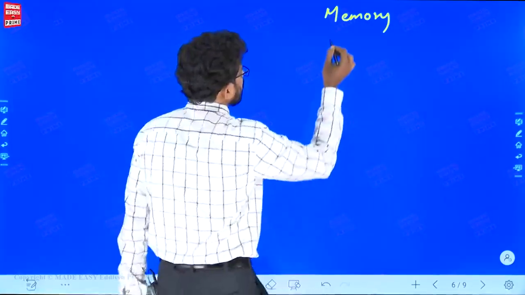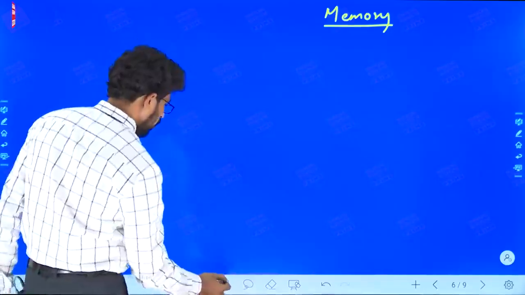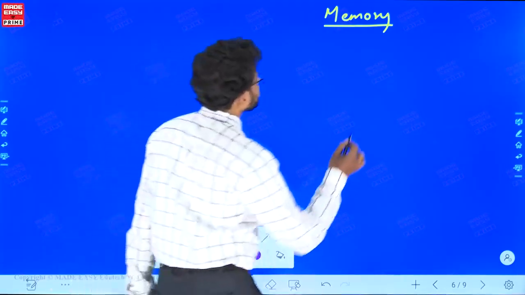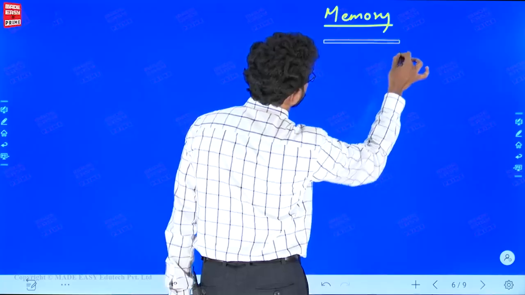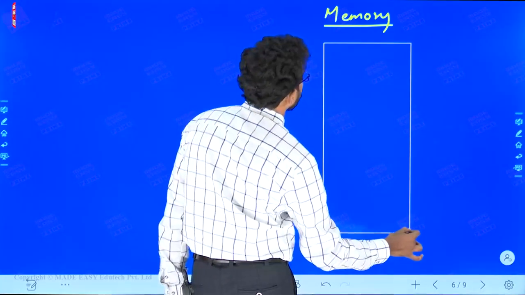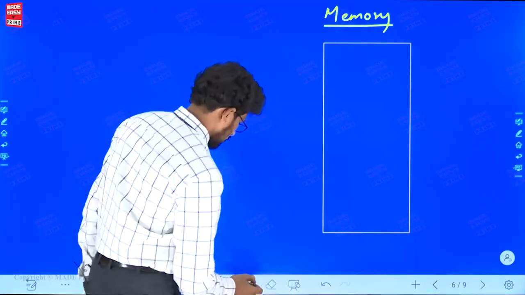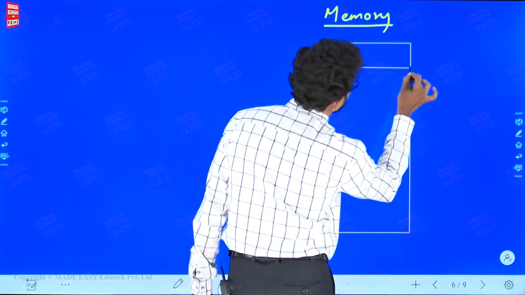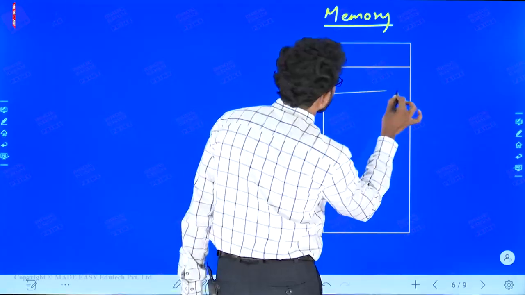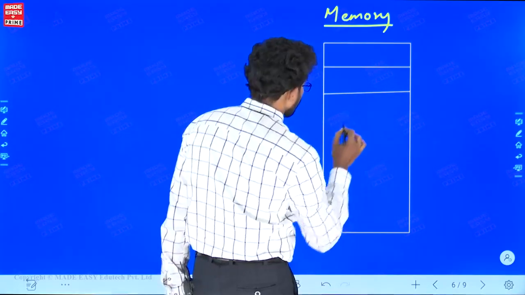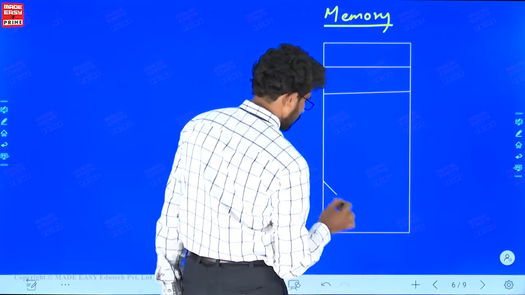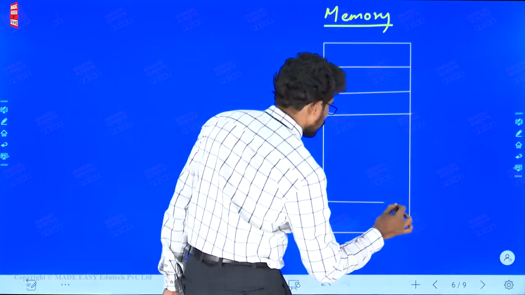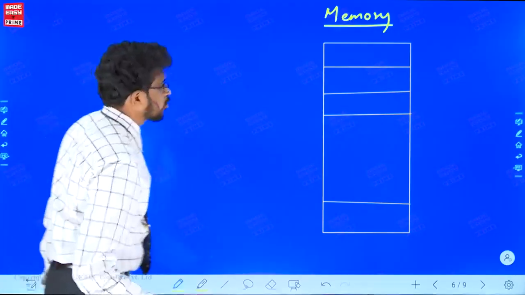Memory can be considered as a group of registers. Memory is a group of registers.